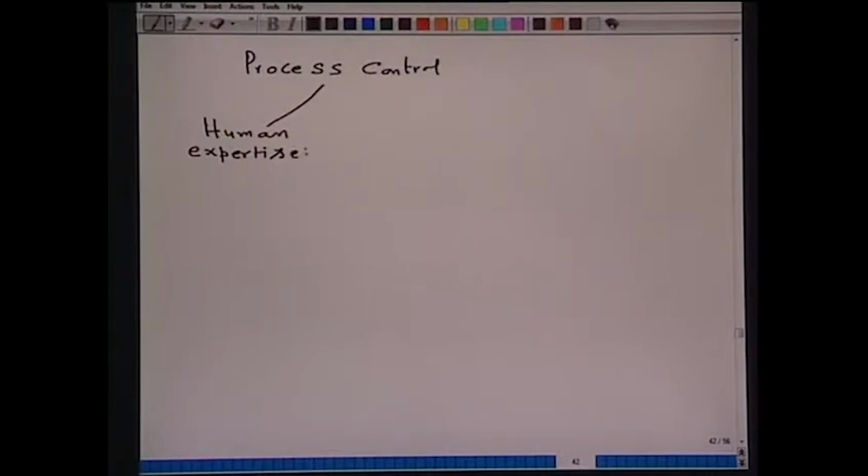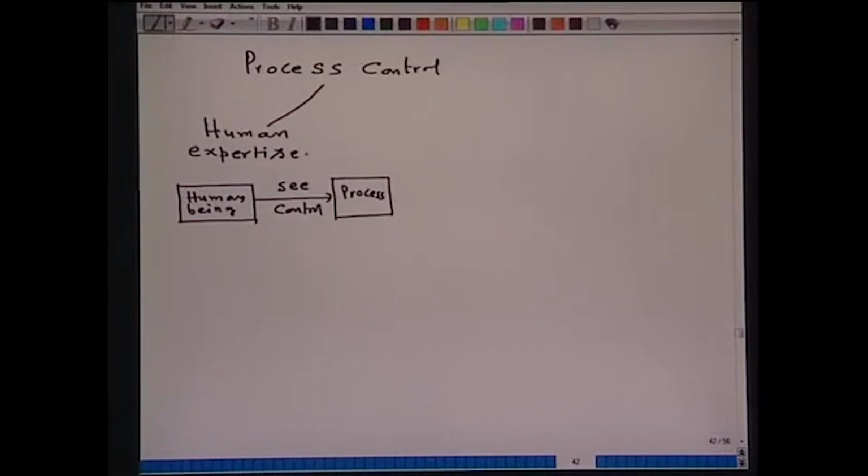With human expertise I mean a human being, the so called operator, sees the process and exercises control.